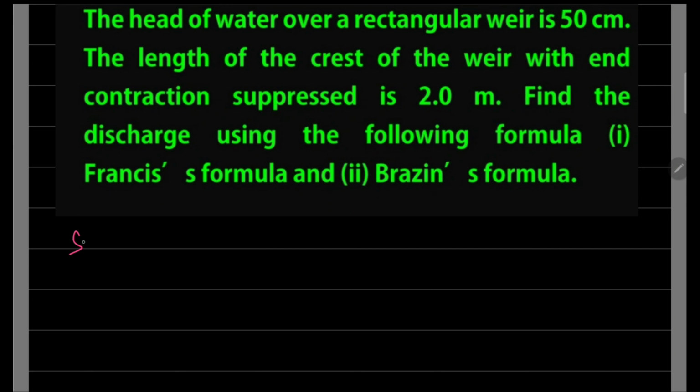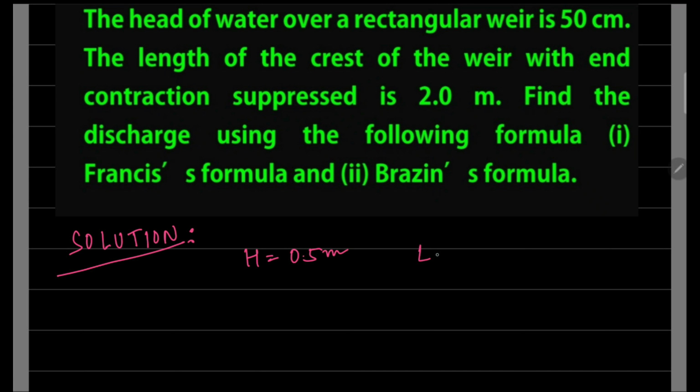So let's start the solution part. The given values are: the head over the weir, H, is equal to 0.5 meter, and the length of the crest of the weir with end contraction suppressed is 2 meters.